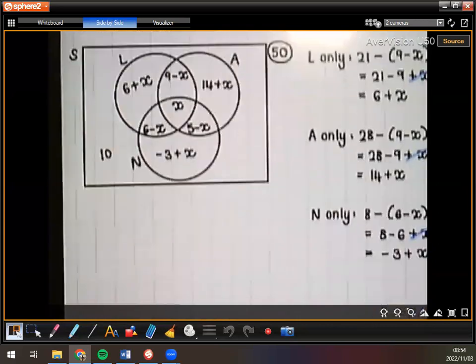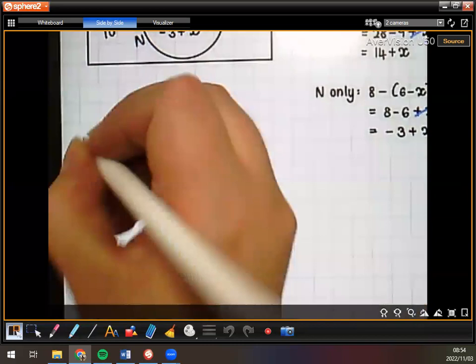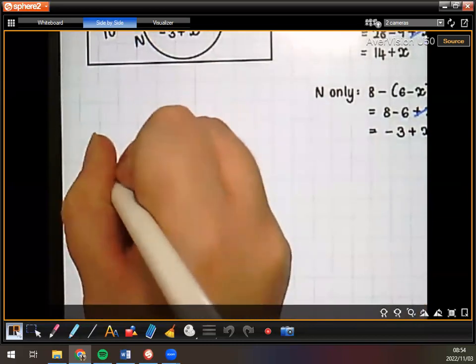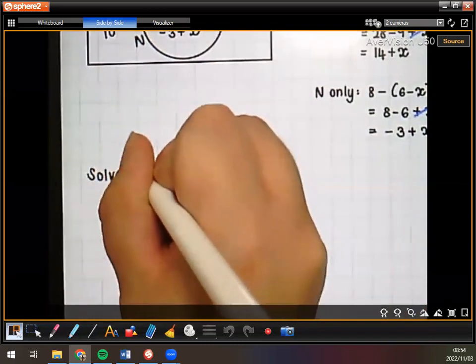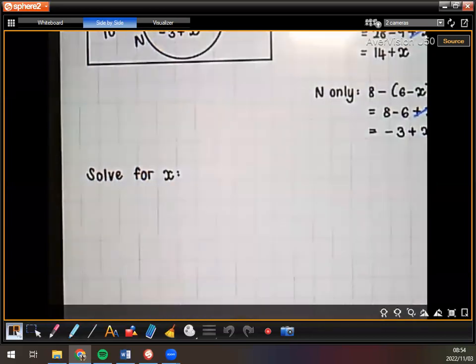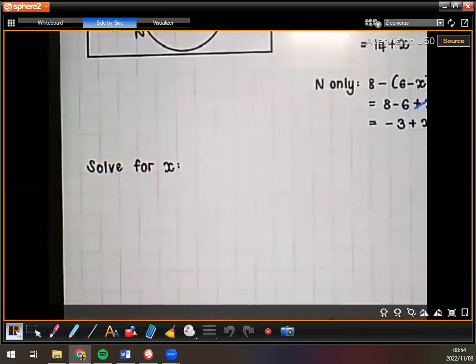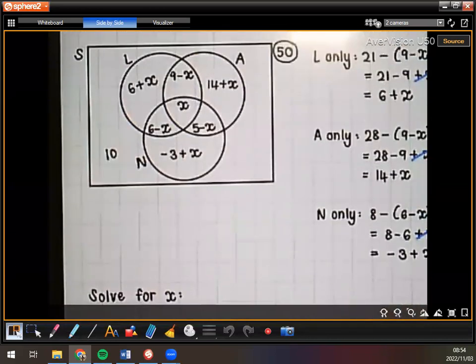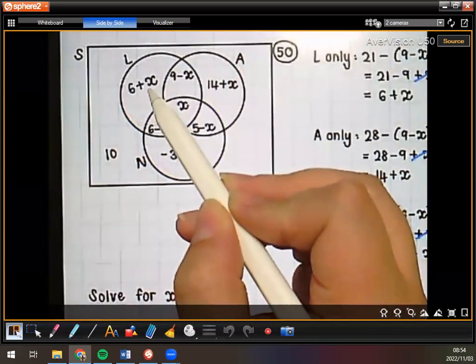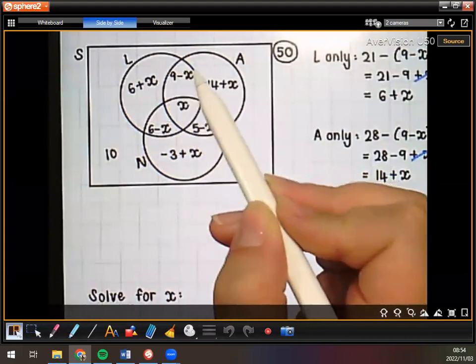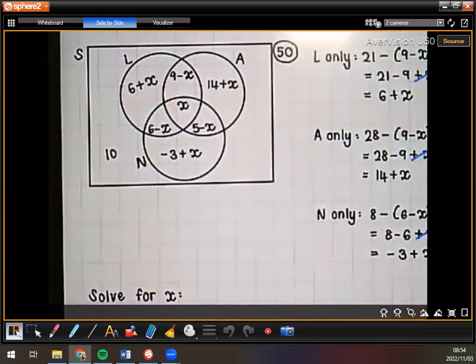All right, so now I'm going to write here. So now again, you need to be quite systematic. You need to make sure that you are writing everything down. We're going to have to do 6 plus x, 9 minus x, 14 plus x. We need to add all of these together.